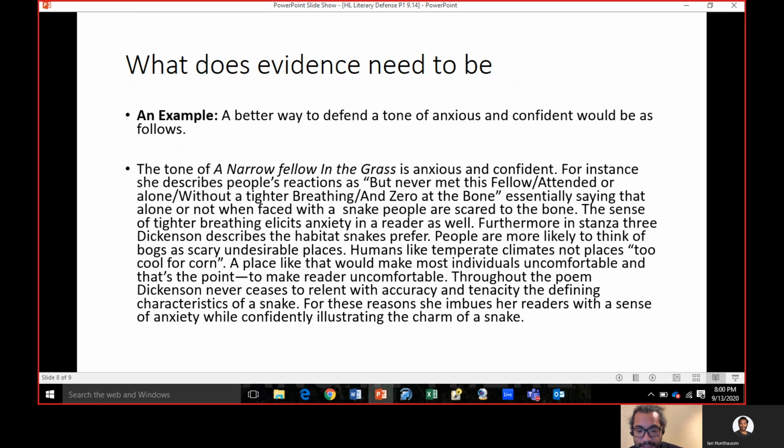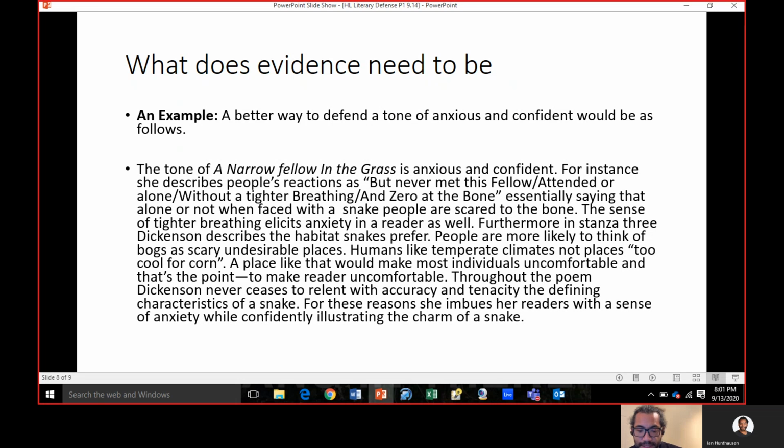Furthermore, in stanza 3, Dickinson describes the habitats snakes prefer. People are more likely to think of bogs as scary, undesirable places. Humans like temperate climates, not places too cool, using a quote, "for corn." A place like that would make most individuals uncomfortable, and that's the point, to make the reader uncomfortable.